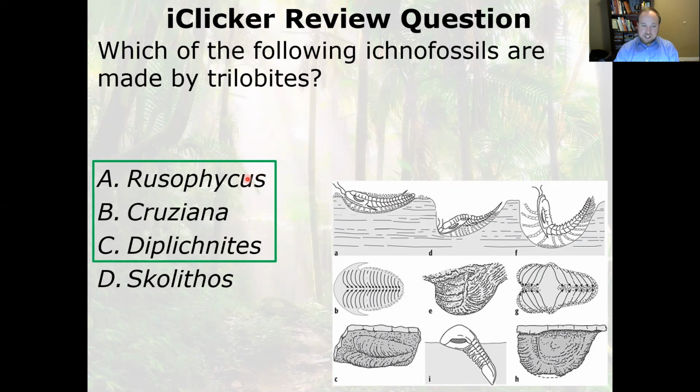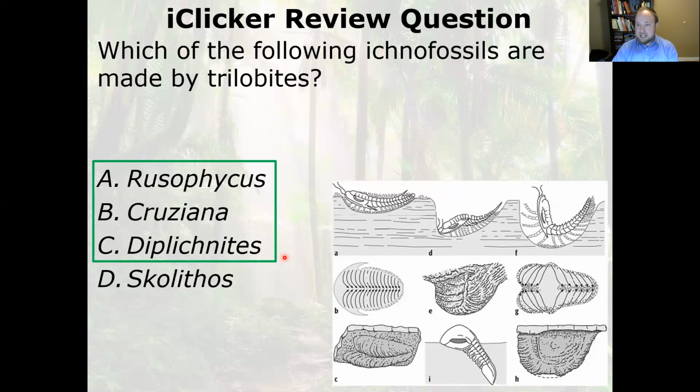So Rhizophycus is their resting trace, that depression when they stop to rest. Cruziana is their foraging trace as they're furrowing through the mud, and Diplichnites is the scurrying movement trace. So any one single trilobite can make all three of these.